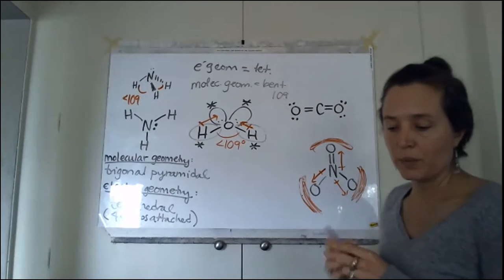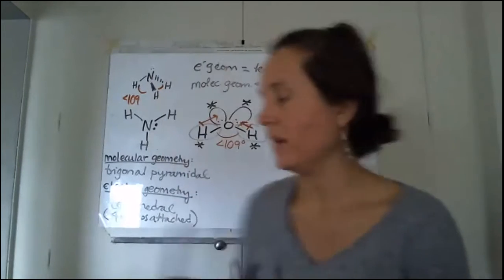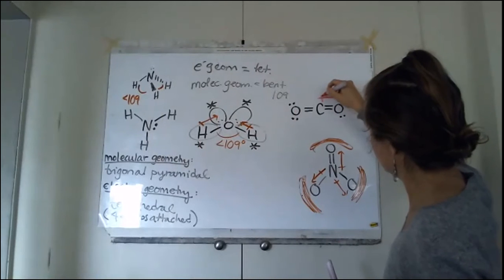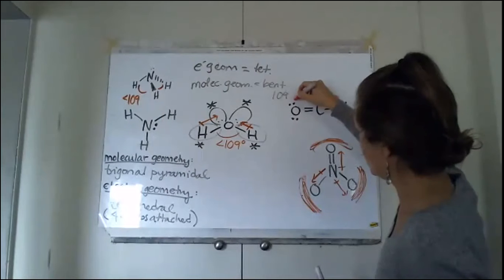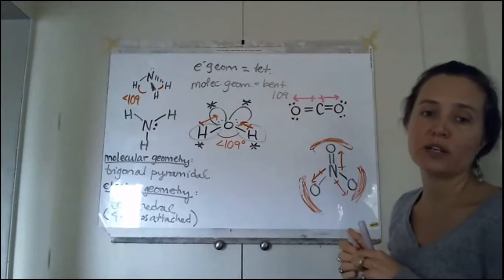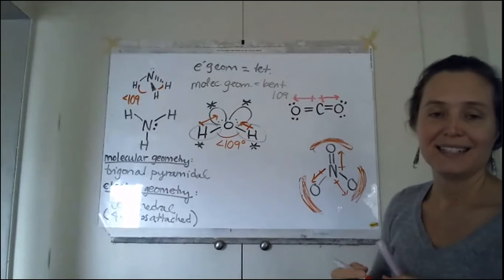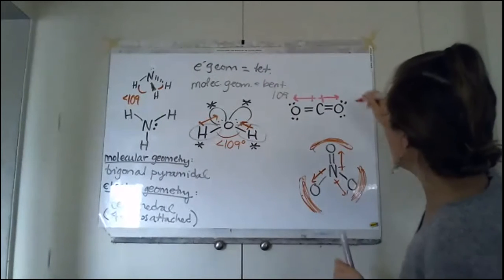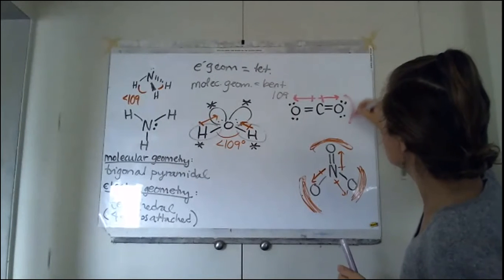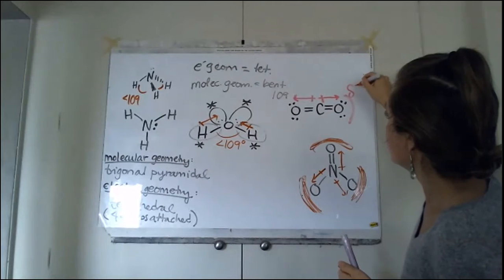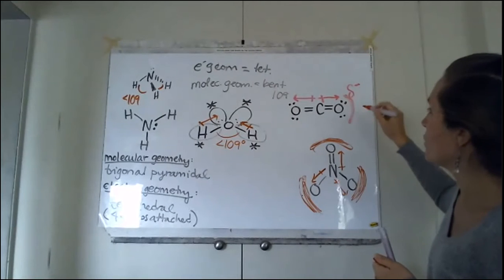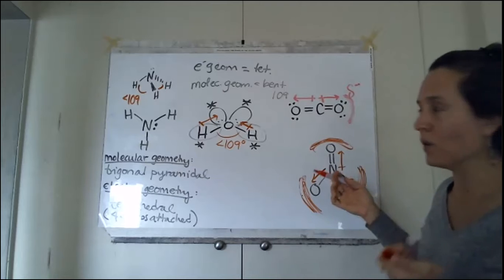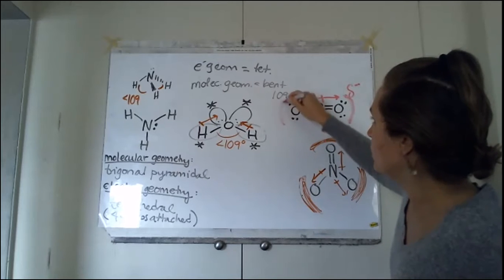We can draw the dipole vectors, each going toward oxygen because oxygen is more electronegative than carbon. That means on this side of the molecule there's more electron density toward this oxygen, so there's a partial negative charge on that side. But there's also a partial negative charge on this side of the molecule.